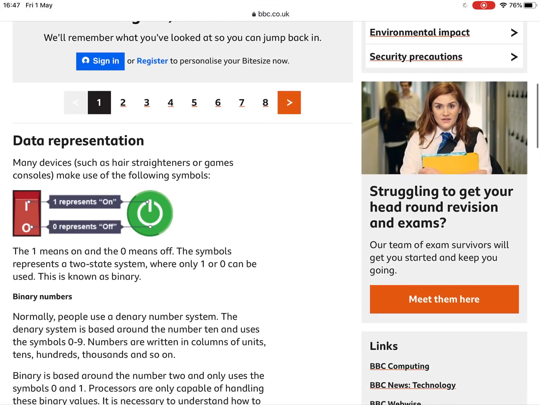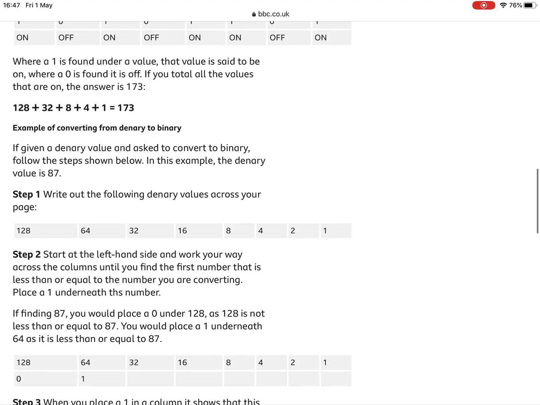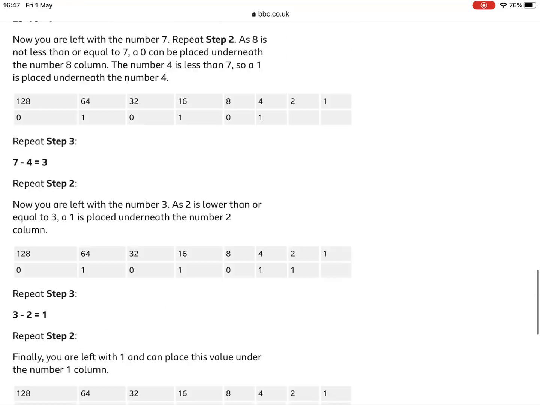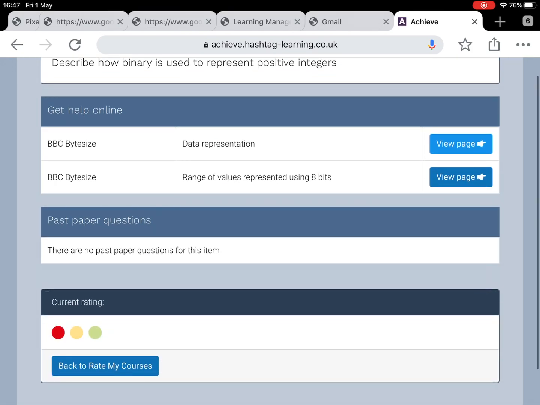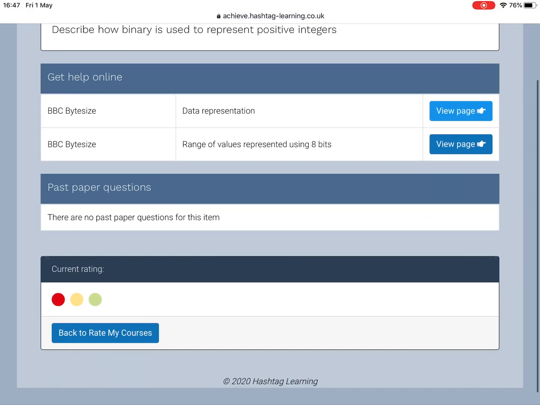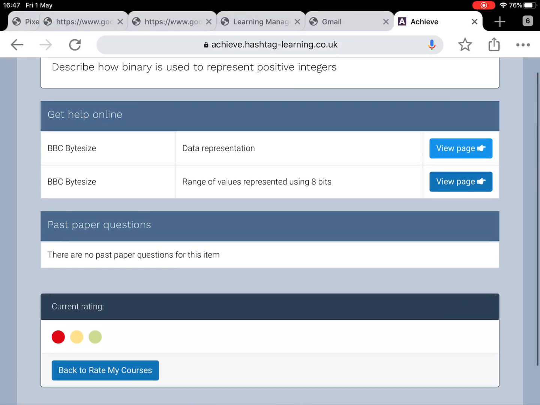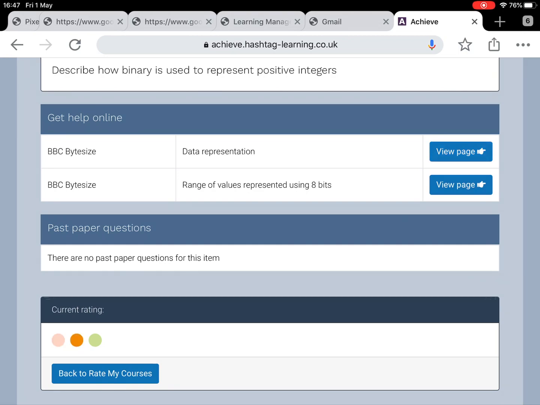It takes you to that page. Okay, and it gives you some good resources on that. And then there's another BBC Bitesize page. It says there are no past paper questions for this item. Okay, and again at the bottom you can change your current rating.